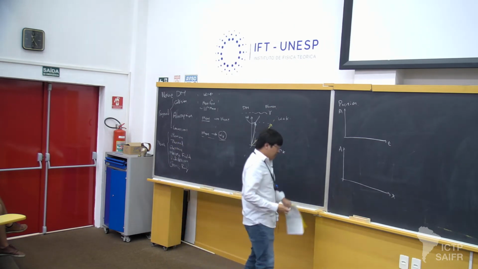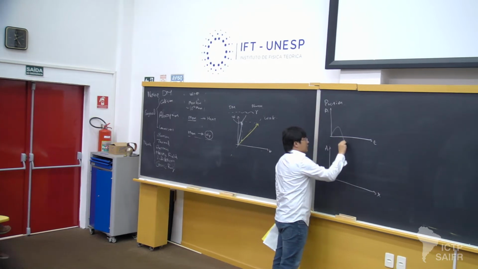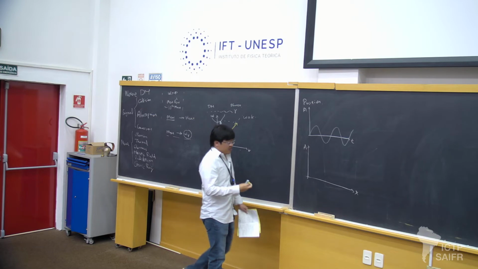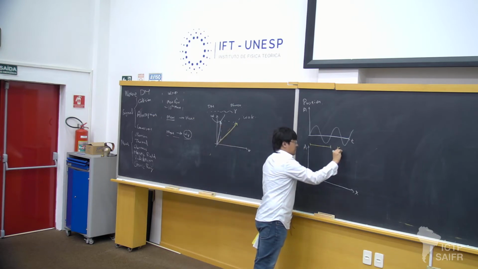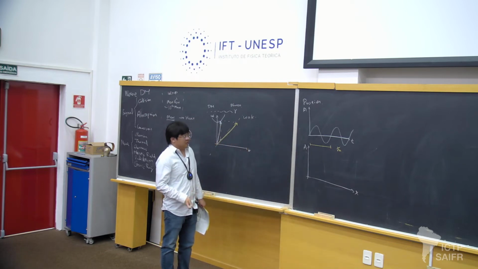As a function of time, dark matter, the blue thing, is oscillating, right? It's a harmonic oscillator with a particular frequency, and this period is 1 over m.